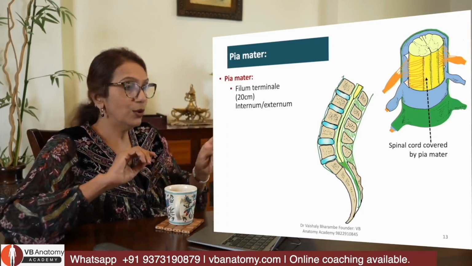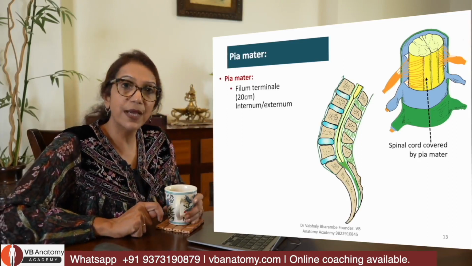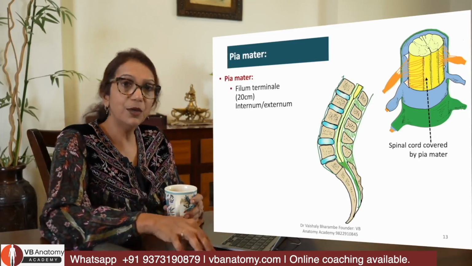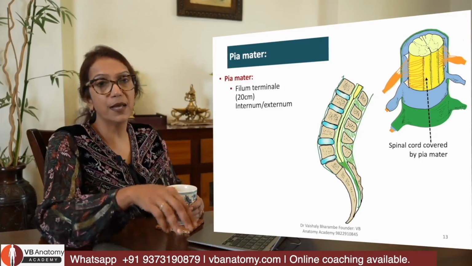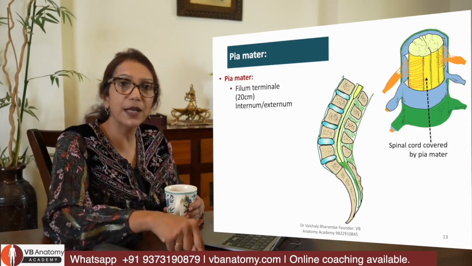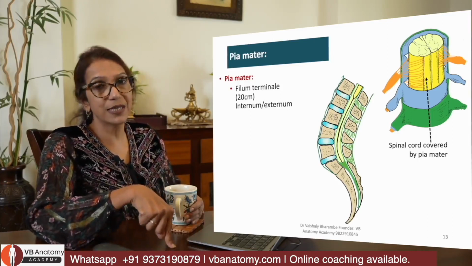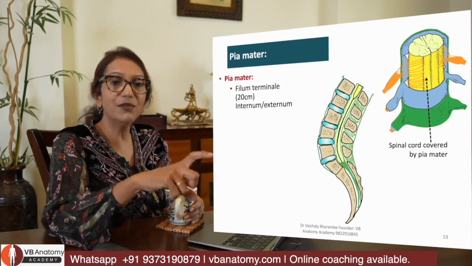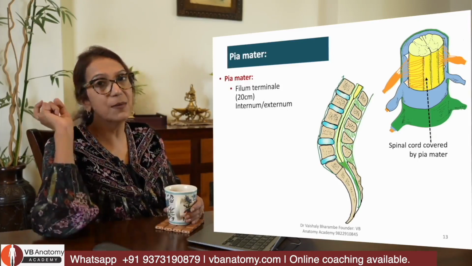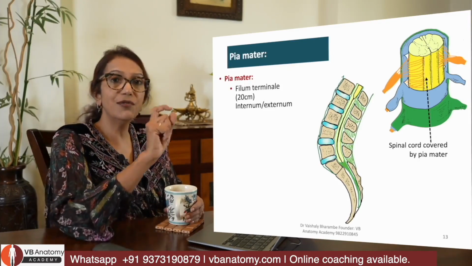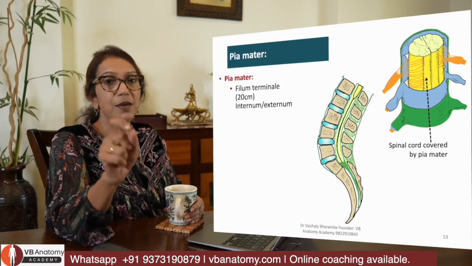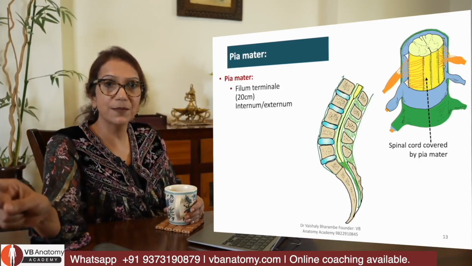Got it? So that is the extension of pia mater. Filum terminale is an extension of pia mater from the tip of the spinal cord to the level of coccyx. The proximal part of it lies inside the subarachnoid space and is called filum terminale internum, measuring 15 centimeter.